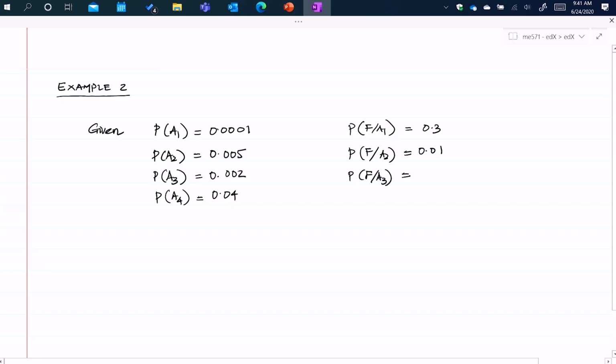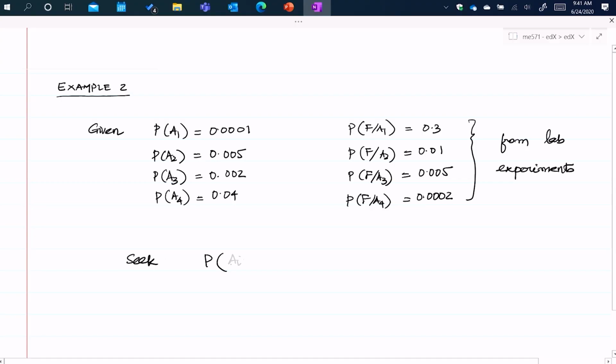The probability of failure given event A3 is 0.005, and the probability of failure given A4 is 0.0002, and these will be typically obtained from lab experiments. And what we seek is the probability of Ai, the failure cause Ai, given that failure has occurred.